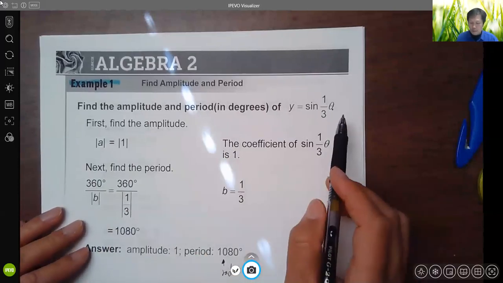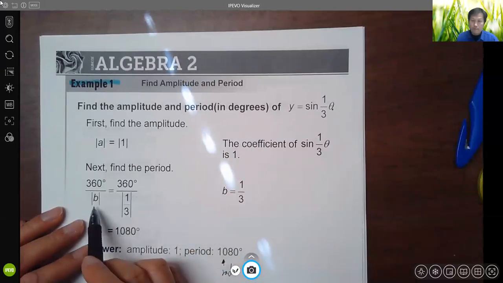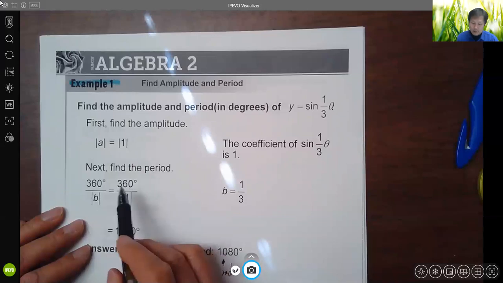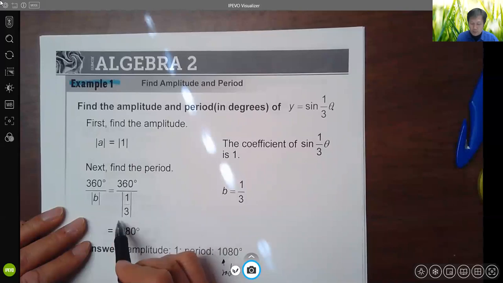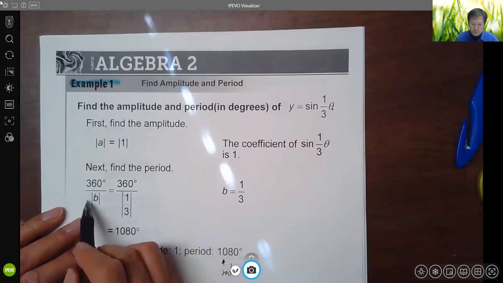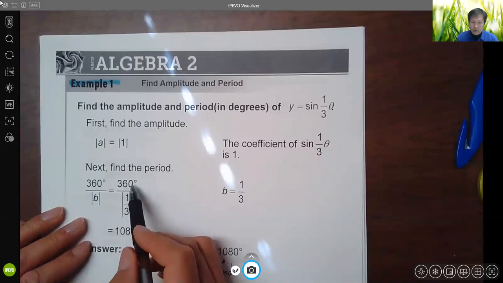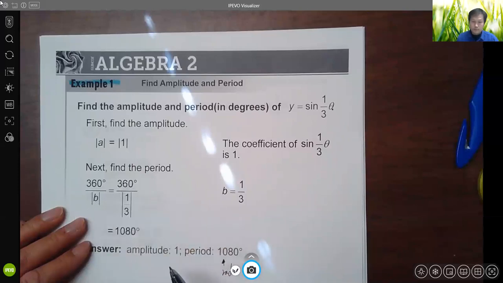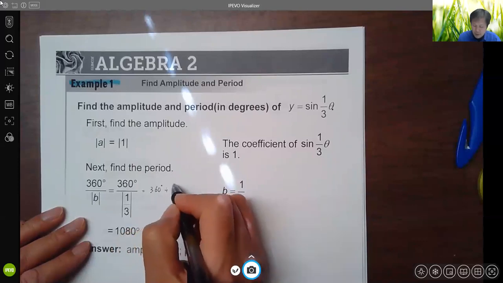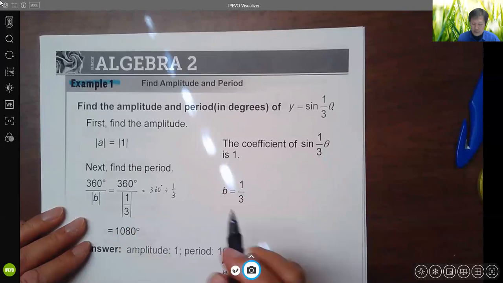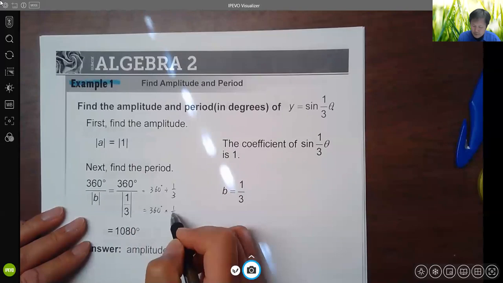Well, the period will be 360 degrees over B. B value is 1/3, so you take absolute value of 1/3 because formula is 360 over absolute value of B. So 360 degrees divided by 1/3 is the same as multiplied by the reciprocal.